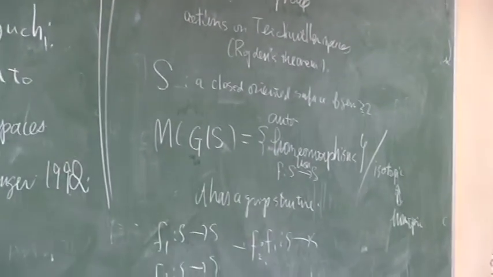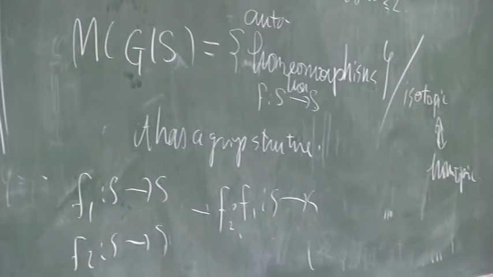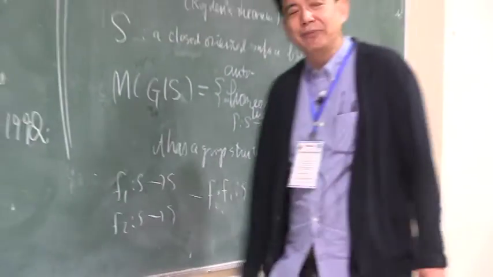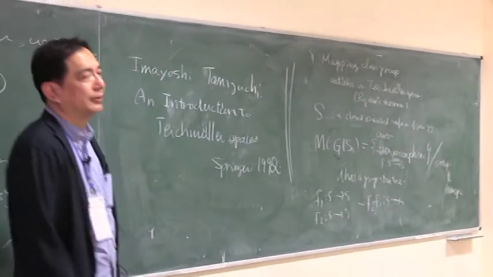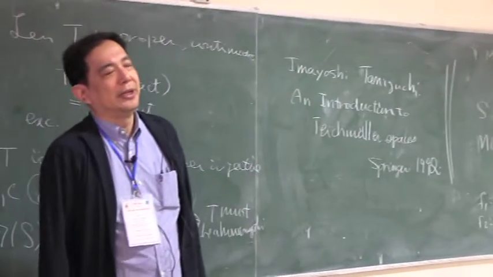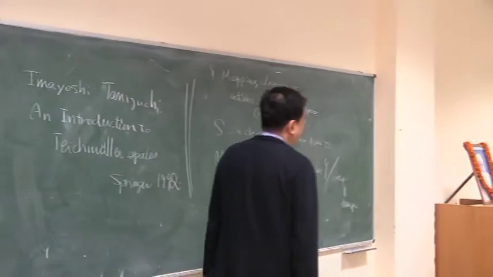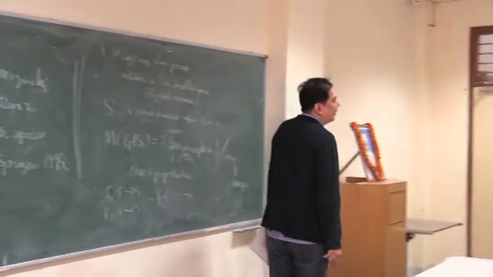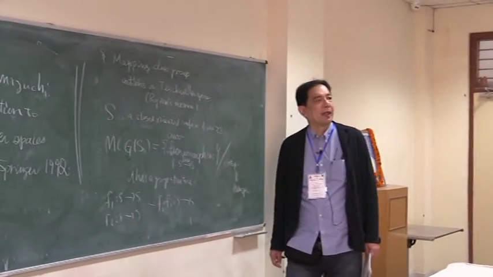There are many things known about this mapping class group, but it still remains mysterious. For instance, it's known that this group is finitely generated, and actually a concrete system of generators was given.